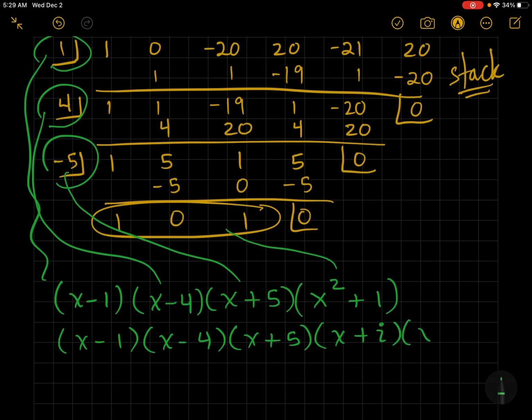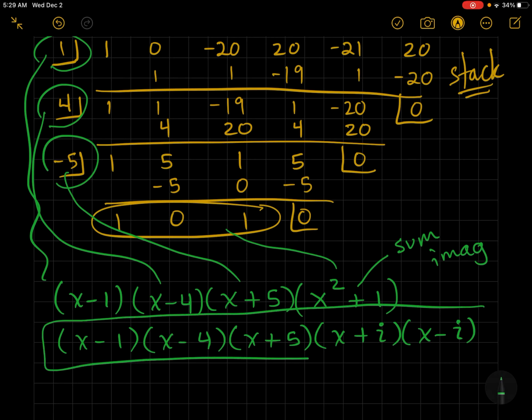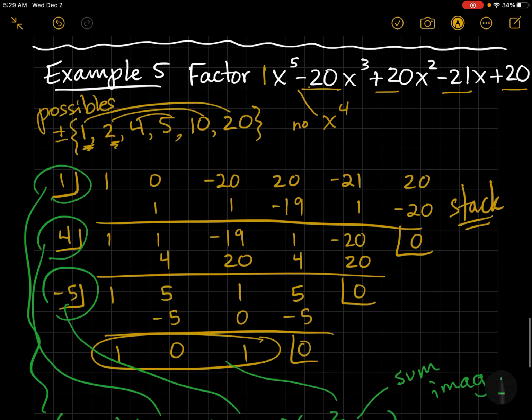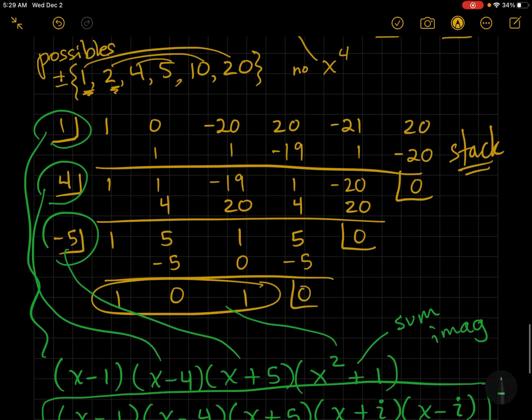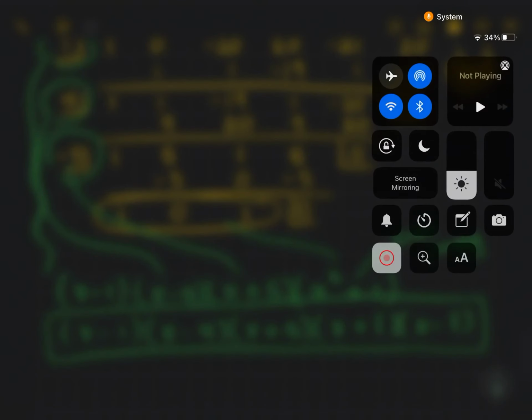X plus i, x minus i. Whenever there's a sum of squares, that's when we have to use the imaginary. Okay. And that's, let me double check. 1, 2, 3, 4, 5. Started with the 5th power, so I feel pretty good about that.